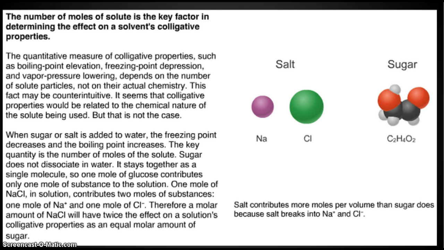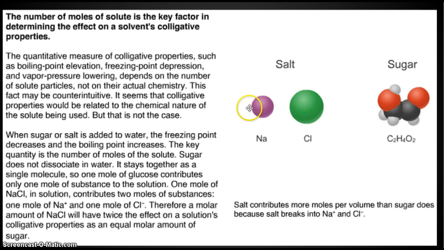Alright, so if you're thinking to yourself, wait a minute, you just told me all that mattered was how much. Yes, but when you put sugar in water, it stays C12H22O11 or C6H12O6, whatever type of sugar it is. It stays that one big clump, so you have 1 mole of these.